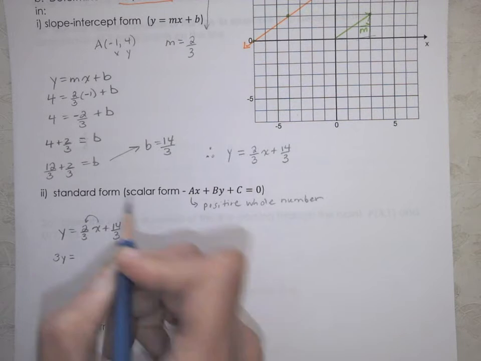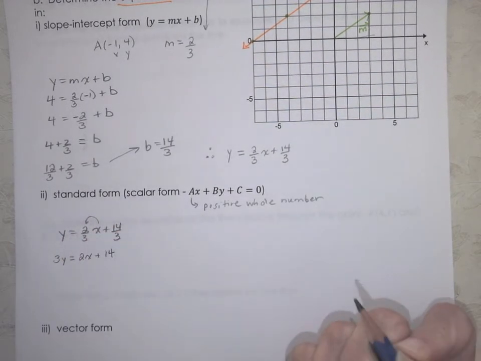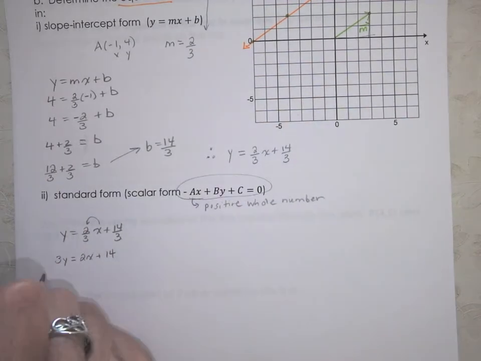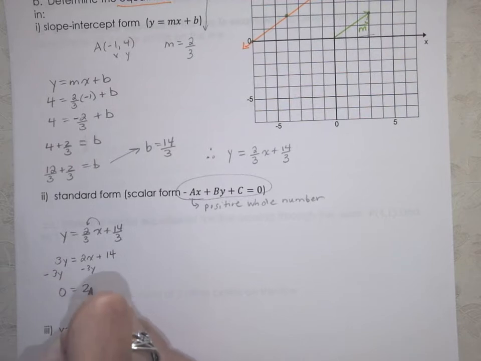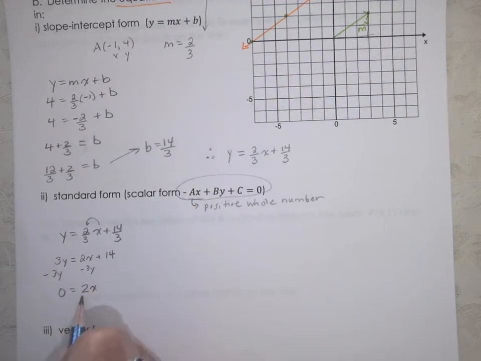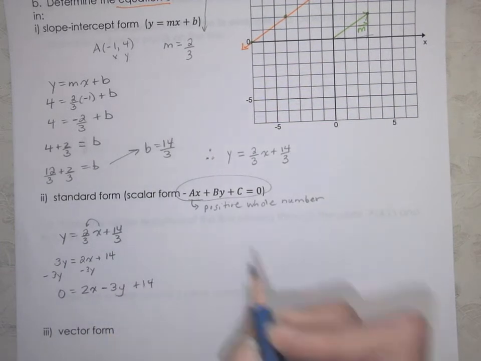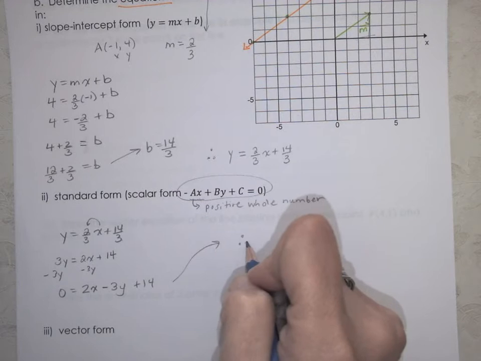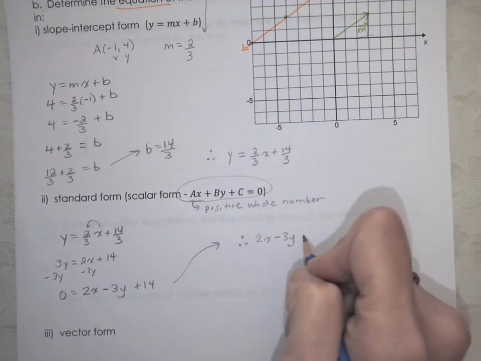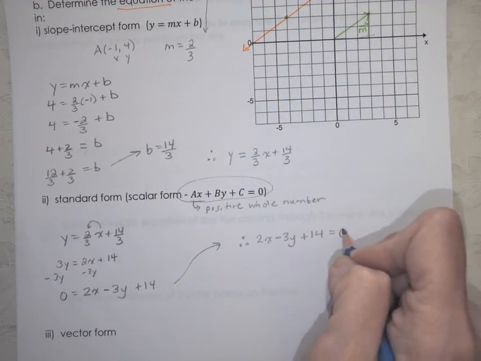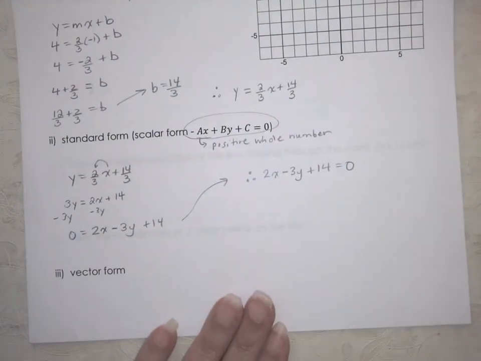That gives us 3y = 2x + 14. Then I subtract 3y on both sides and organize it so I have my x term first: 2x - 3y + 14. So in scalar form or standard form, our equation would be 2x - 3y + 14 = 0. Okay, so those are both forms we've looked at in grade 9 and 10.